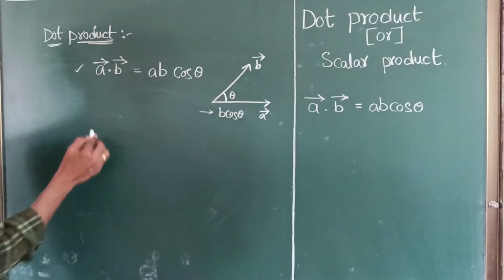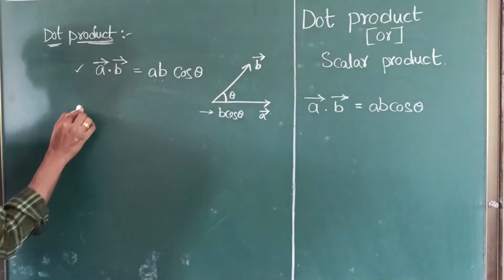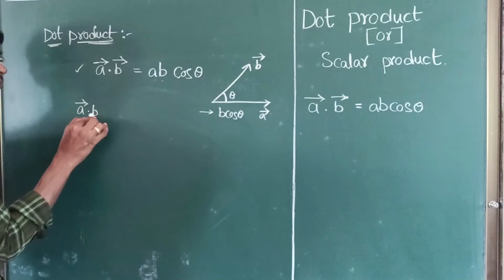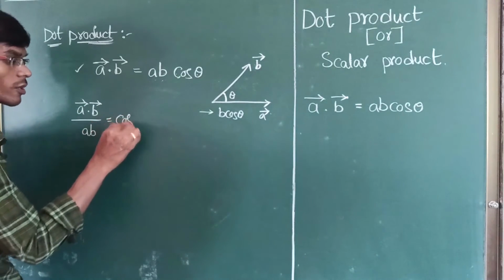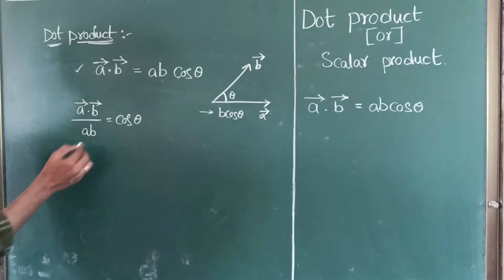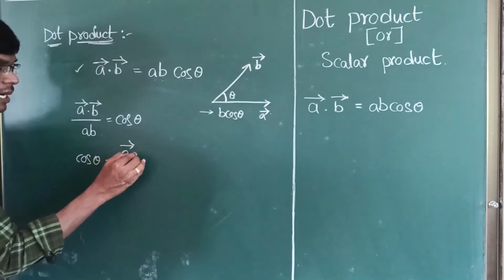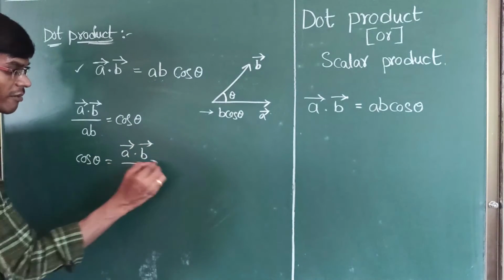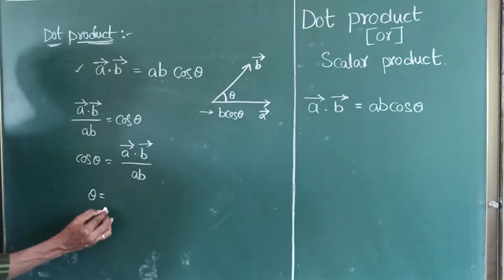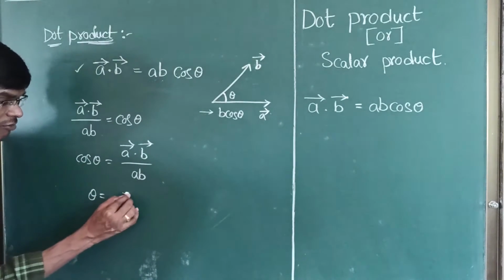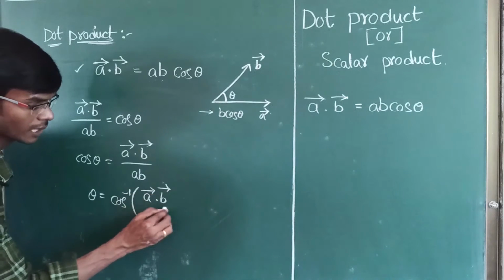Then in that case, if we send ab to the LHS, this becomes a bar dot b bar divided by a into b is equal to cos theta. So theta is equal to cos inverse of a bar dot b bar divided by a into b.